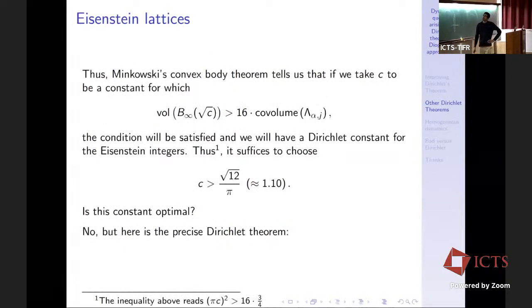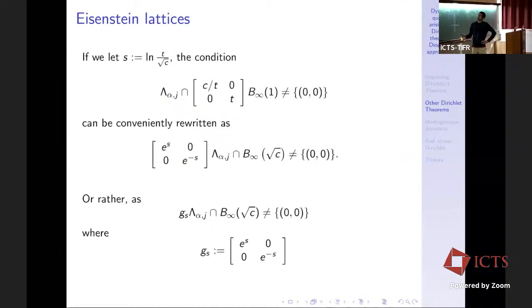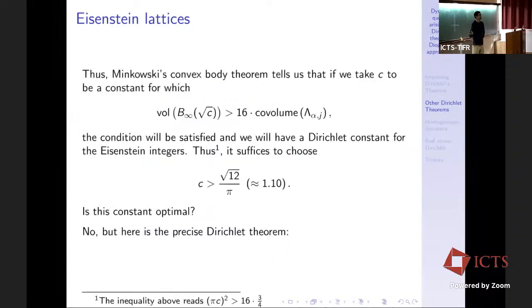The existence of a C which will make this intersection non-trivial is pretty clear, because we have Minkowski's convex body theorem, which says that in R4, if you have a symmetric convex body which has volume more than 16, then it has to intersect the standard lattice non-trivially.